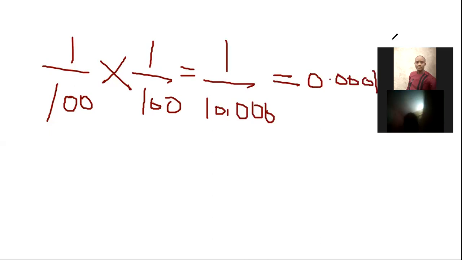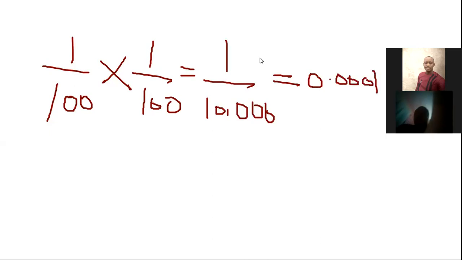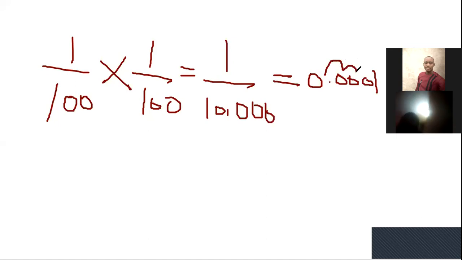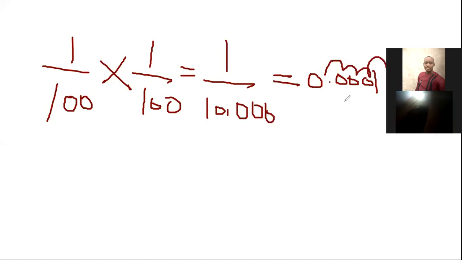So a pip is simply the fourth value from the decimal, meaning it starts from 1, 2, 3, 4. Are you with me? So that's how pip calculation is made.